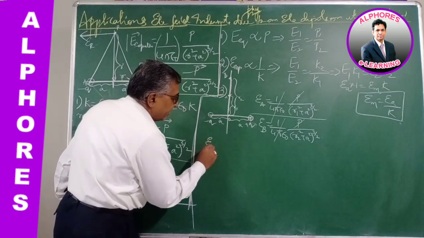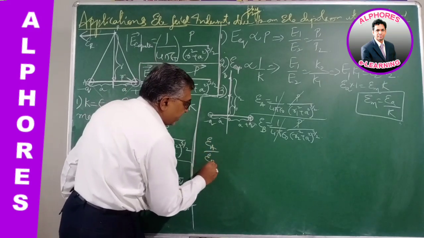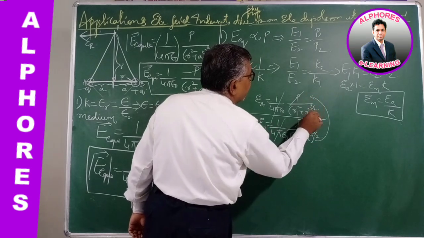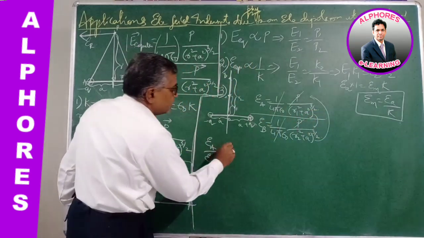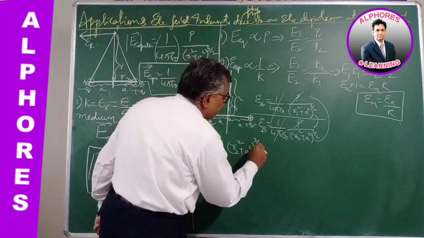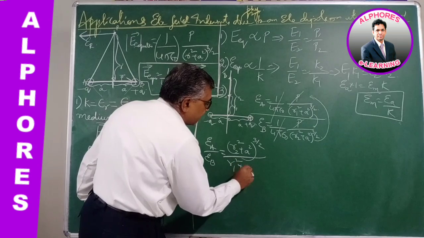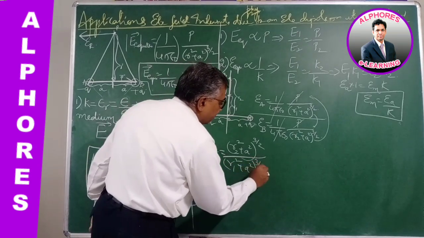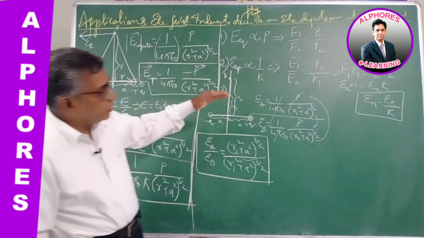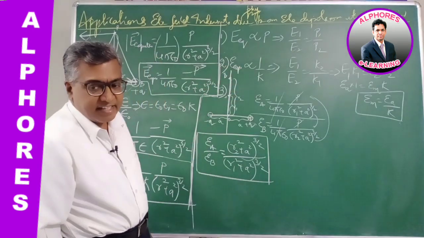So dividing EA by EB, 1 by this by 1 by this, this will go to the numerator and this comes to the denominator. So it is R2 square plus A square whole power 3 by 2 by R1 square plus A square whole power 3 by 2. So this is the ratio of the electric field strength at 2 different points on the electric dipole.